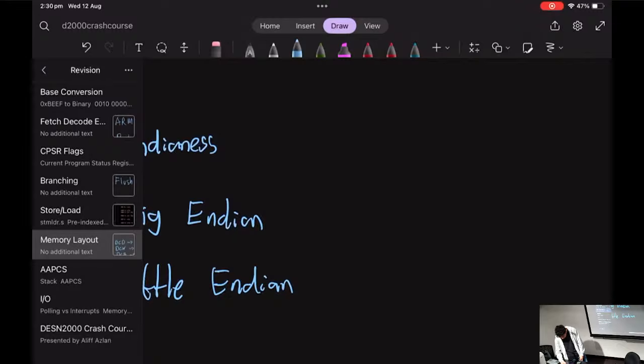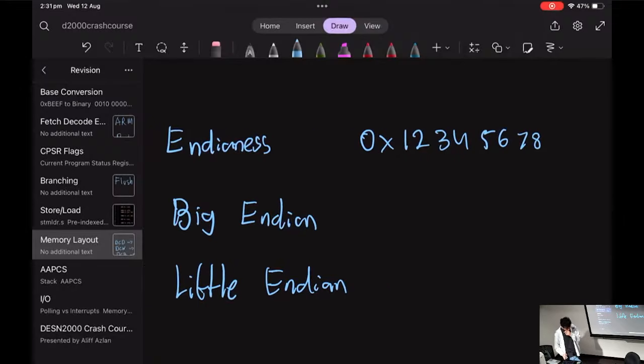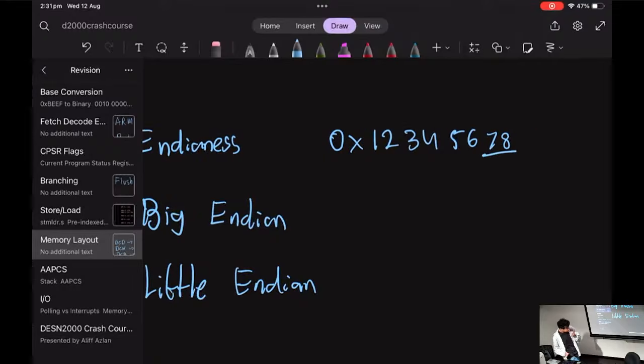Let's say, for example, we had this word: 0x12345678. In big endian, the end byte is stored in the larger memory address. So let's say this is our memory.